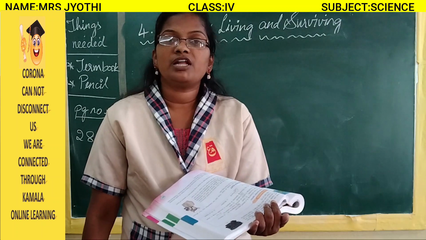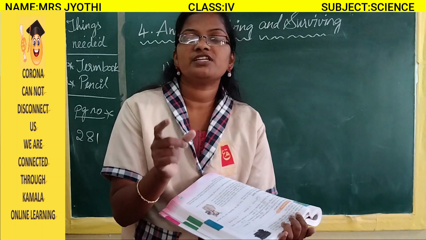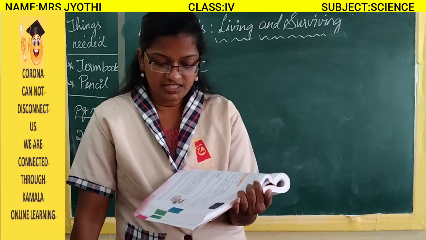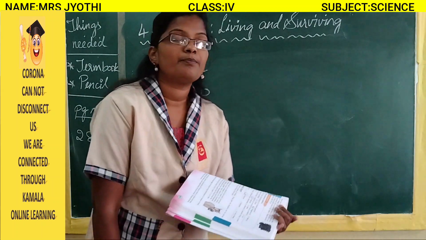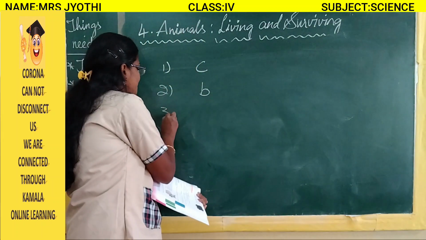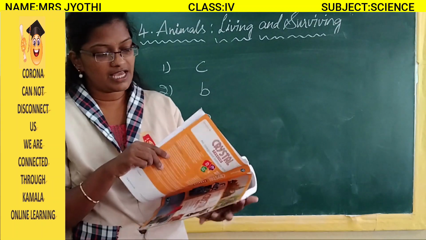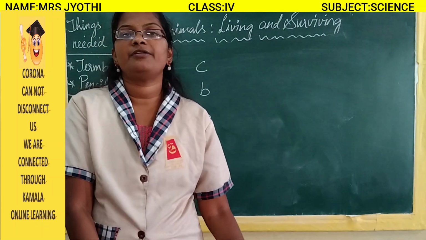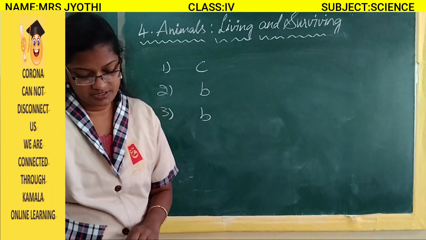Then blubber. Blubber is also present. Blubber is nothing but the fat which is present under the skin. And D is all of these. So here the correct answer is option B, that is the hump. Hump is absent in polar region animals, but hump is present in the desert region animals.